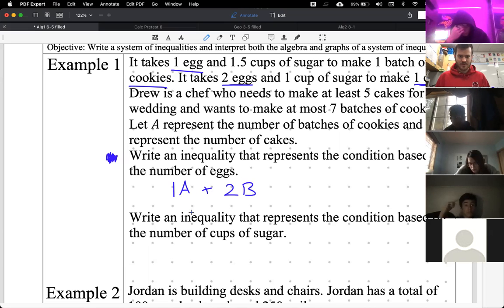Okay, so we'll come back to this in a sec, but let's try doing the same thing for sugar. What's going on with our sugar equation, or inequality, I should say?